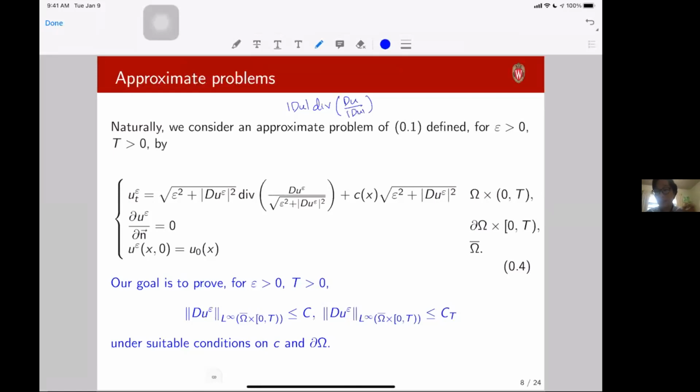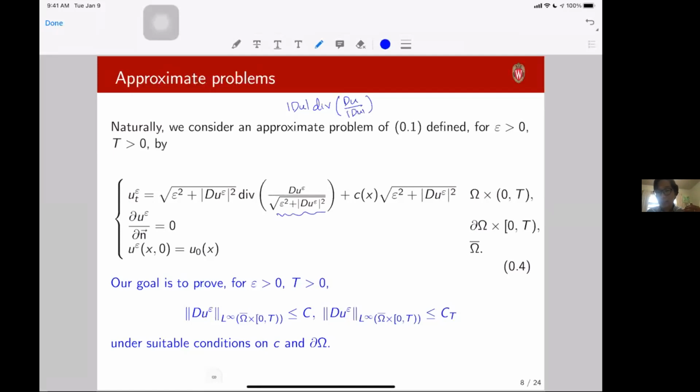So for each parameter epsilon greater than 0, we're going to consider this approximated problem. When we add epsilon squared here, epsilon squared plus |Du|squared, it makes the denominator always positive, right? That's just a technical thing, but this is also essentially the graph mean curvature framework as well. Anyhow, by adding epsilon squared, we avoid the problem of having Du equal to 0.